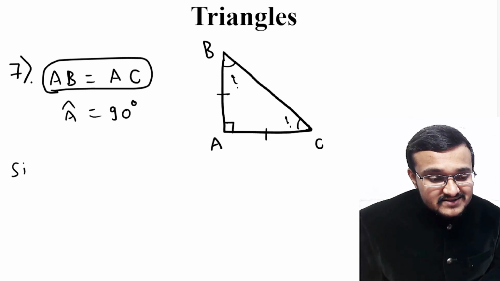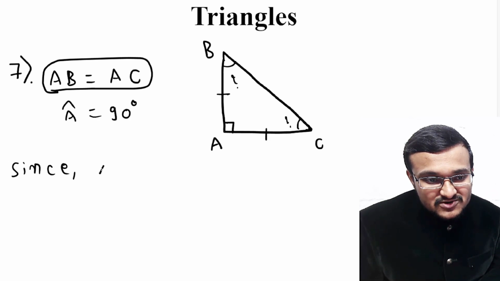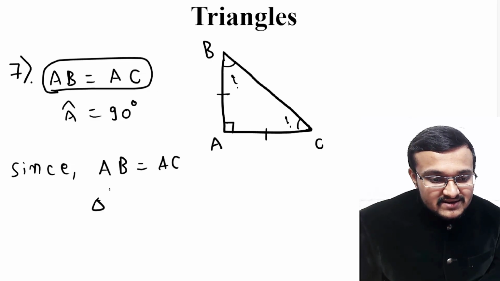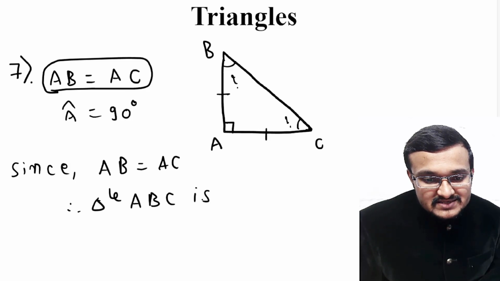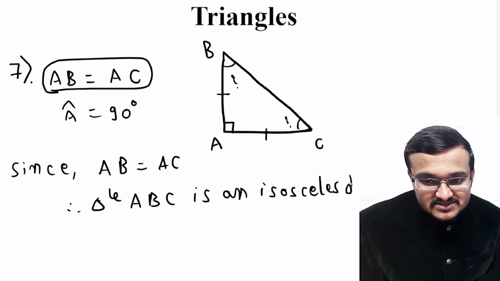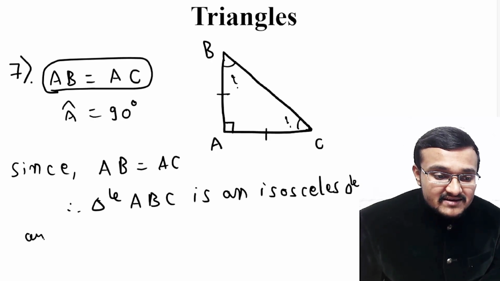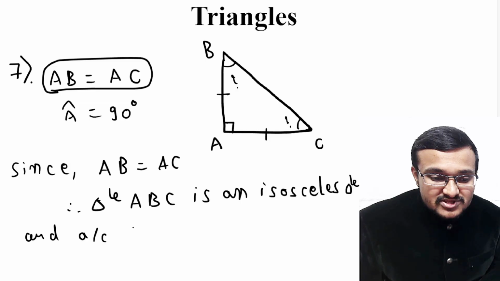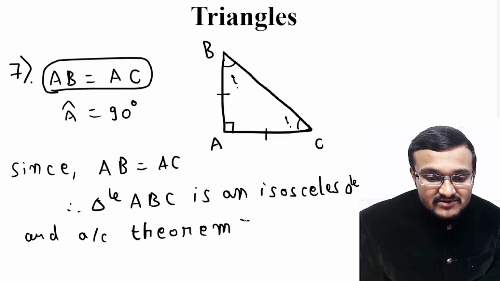Since AB is equal to AC, therefore triangle ABC is an isosceles triangle.